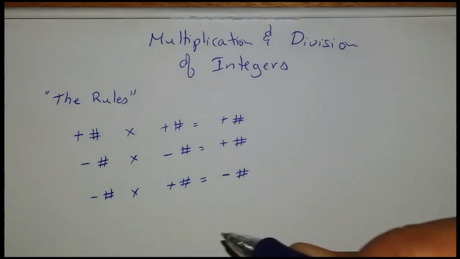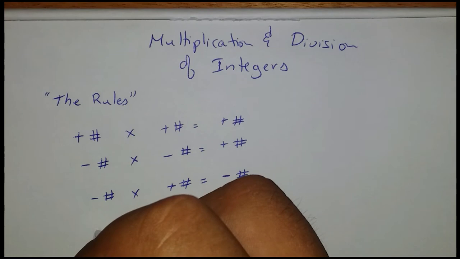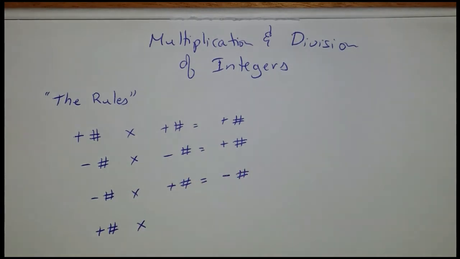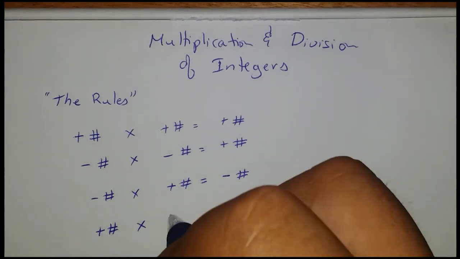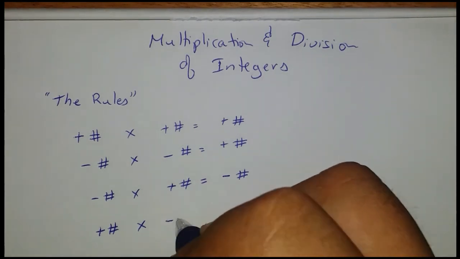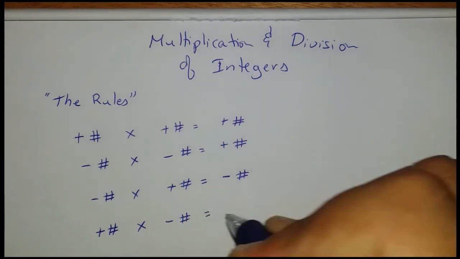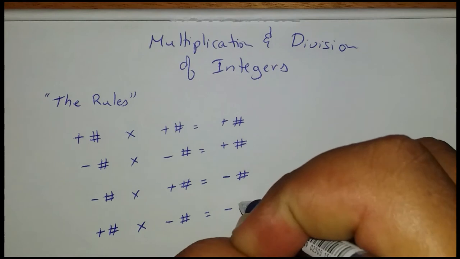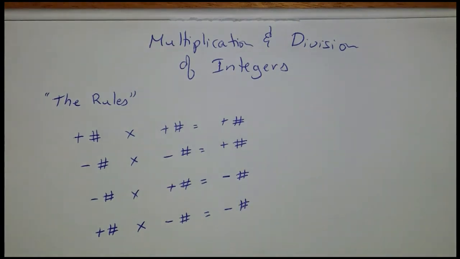And then lastly, the other combination we have is that if we have a positive number and we are multiplying that positive number with a negative number, my solution is going to be a negative number. All right? So that is what we have with this multiplication.